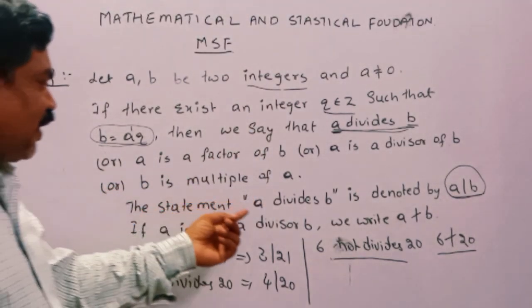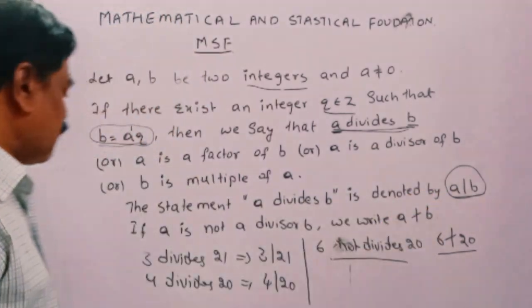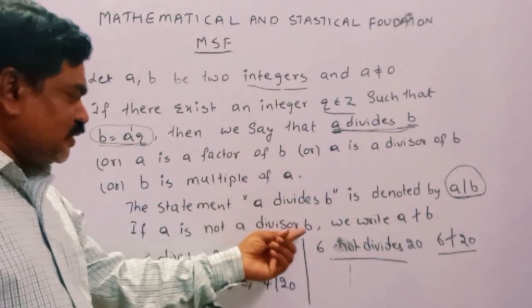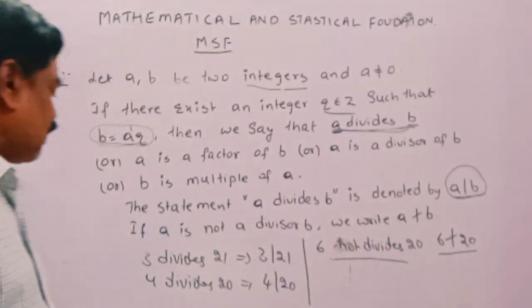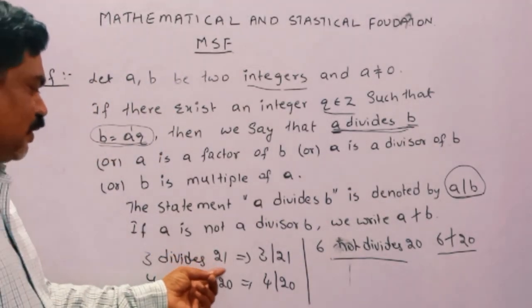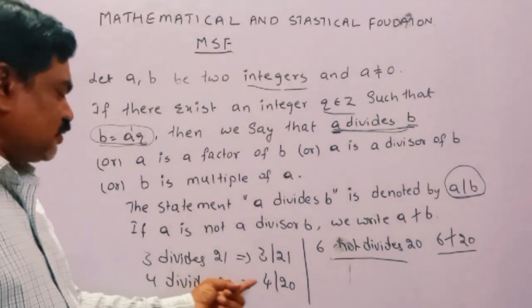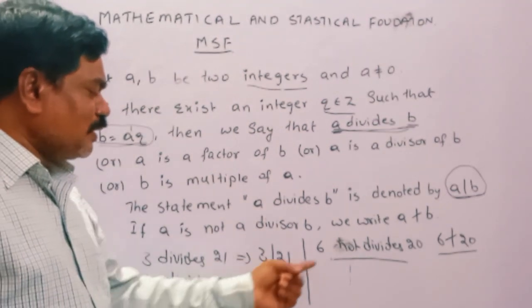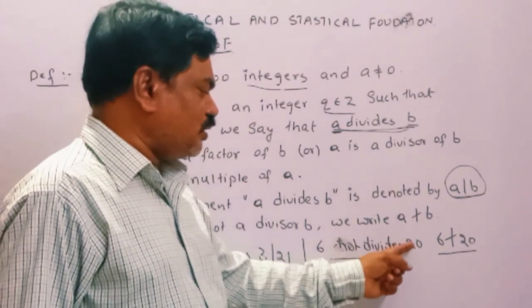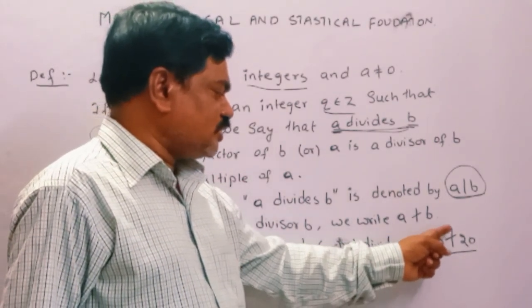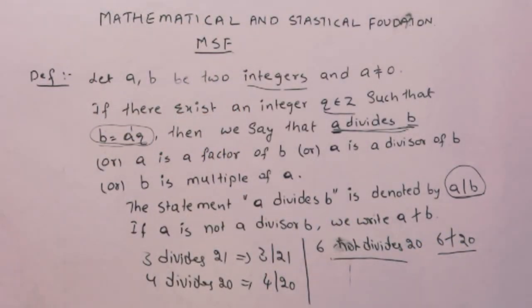The statement is denoted a | b. If a is not a divisor of b, we write a ∤ b. So 3 | 21, 4 | 20, and 6 ∤ 20, since 6 is not a divisor of 20.